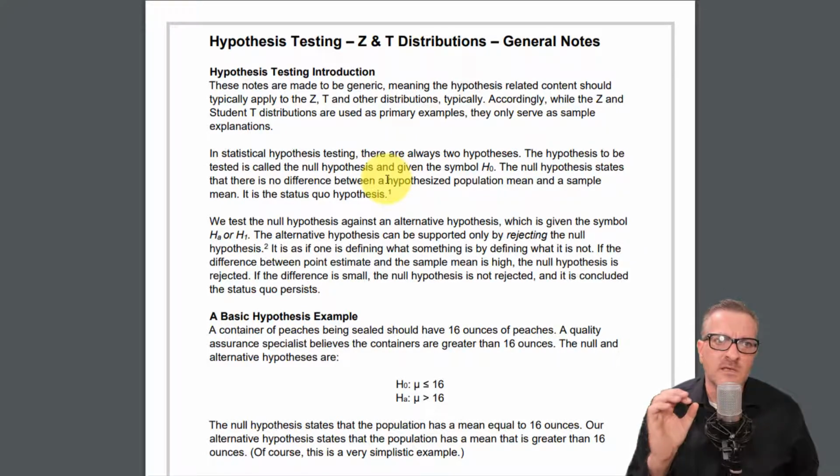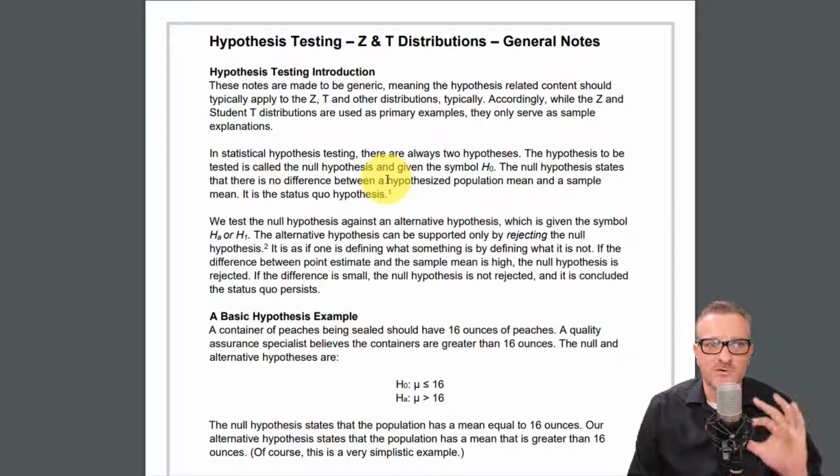So it's always H0. And the reason why it's H0, I believe, is that with arrays and programming, we start at 0. It's kind of funny that the null hypothesis is 0. It's not like 1. The alternative hypothesis is 1.